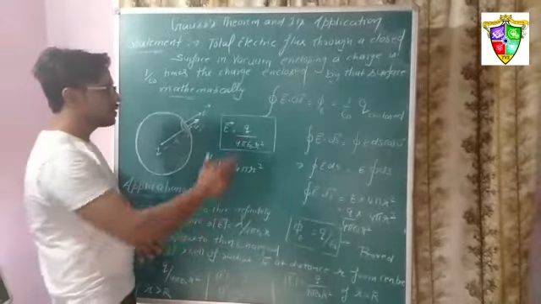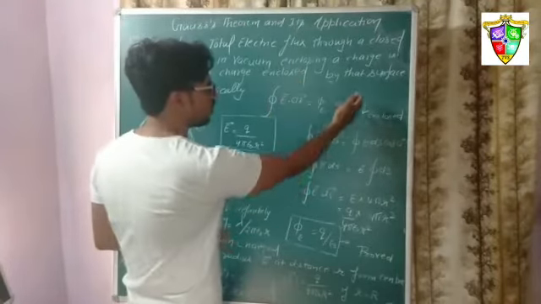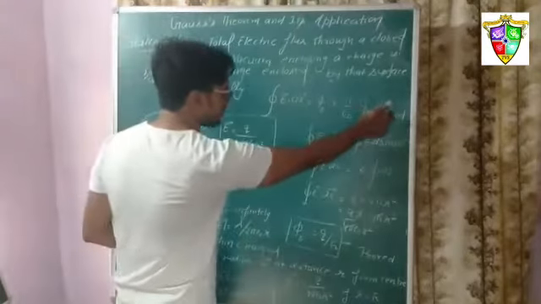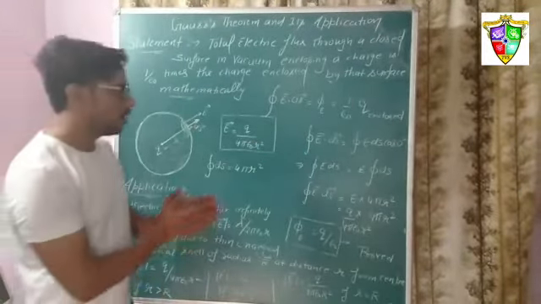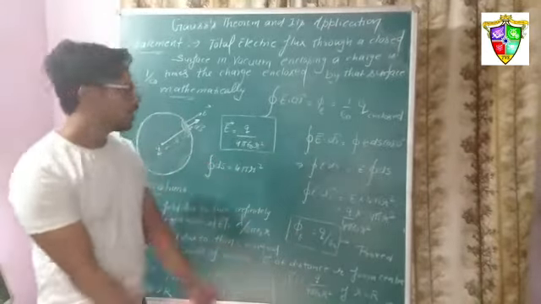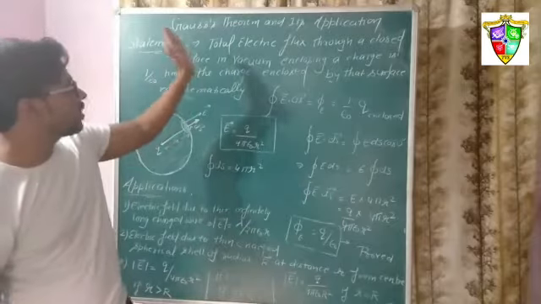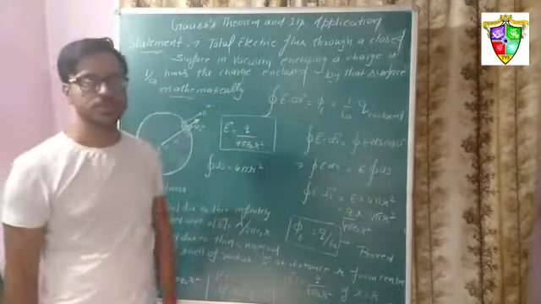So we will now prove that the integral of E dot ds is equal to q by epsilon naught, where q is the charge enclosed and 1 by epsilon naught is its multiple. This is the statement of Gauss theorem: total electric flux is 1 by epsilon naught times the charge enclosed.